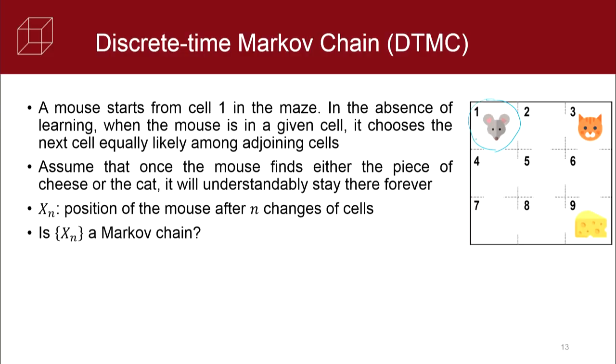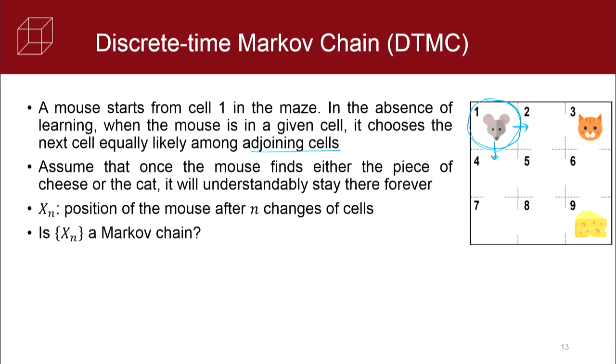The mouse is in the absence of learning or memorization, so when the mouse chooses the next cell, it chooses equally likely among the adjoining cells. So for example, from this cell, there are two options to choose: either going down or moving to the right.